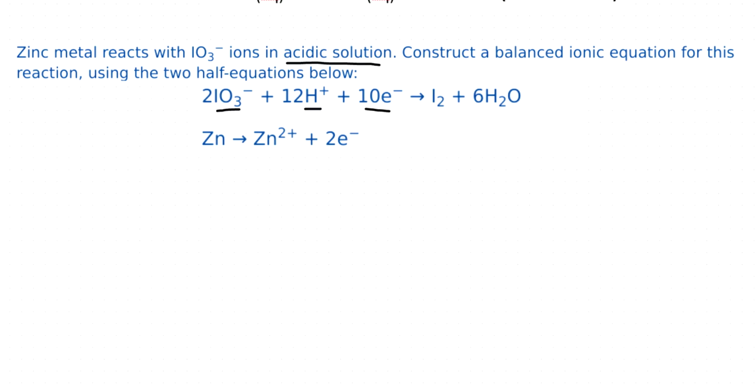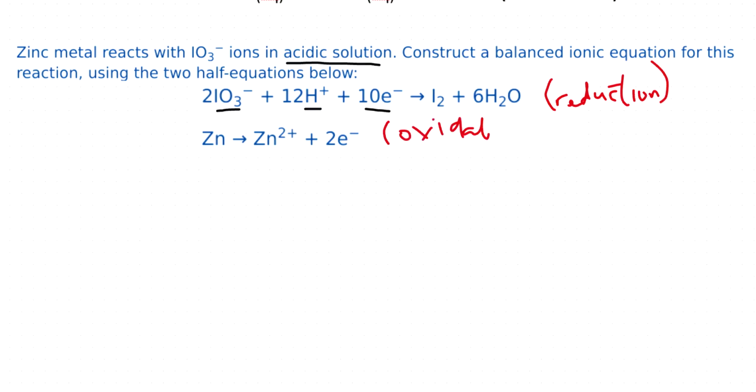That is because electrons are gained. From what we can see here, 10 electrons were gained, and the second equation is showing the oxidation part of the whole equation. And that's because 2 electrons are lost here.